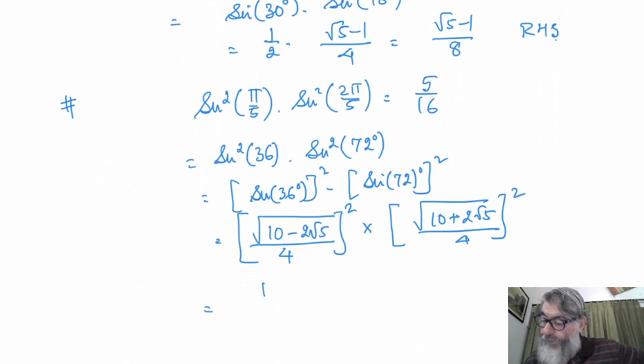It will become 10 minus 2 root 5 upon 16, 10 plus 2 root 5 upon 16.